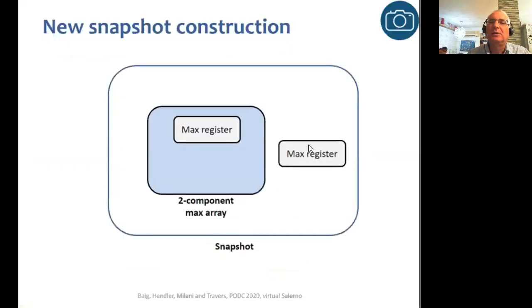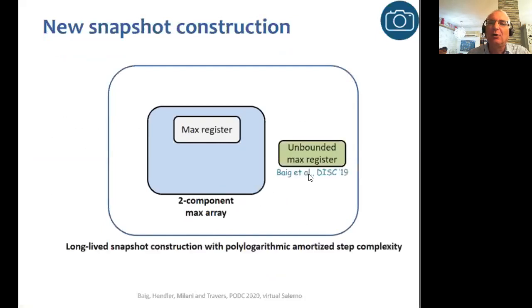So returning to the schematic view of the snapshot object implementation by Aspnes et al., recall that it uses both max registers and two-component max arrays, which in turn encapsulate max registers. To obtain a snapshot algorithm with polylogarithmic amortized step complexity, we retain the snapshot algorithm of Aspnes et al., but we replace the objects which it encapsulates.